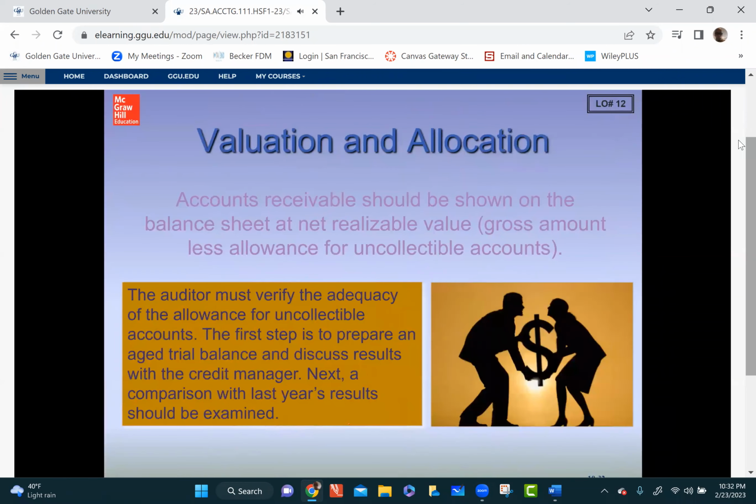Valuation is really going to be about the allowance. Okay, we've really talked already about some analytical procedures you can do over the allowance, and we talked about potentially using that aging of accounts receivable. And essentially what the auditor will do here is recalculate.